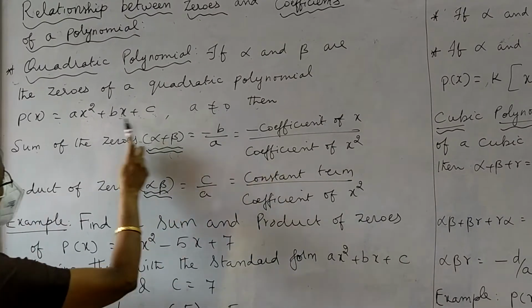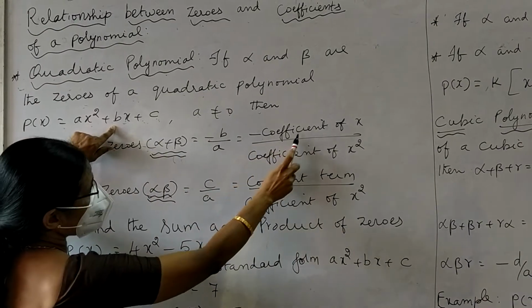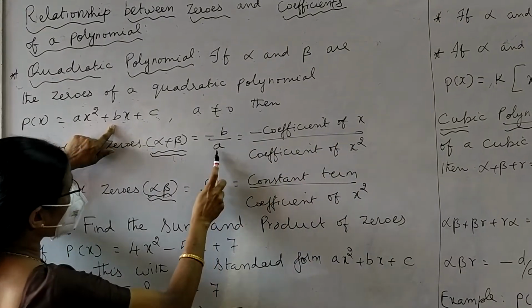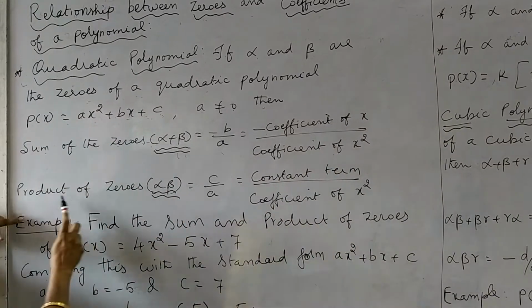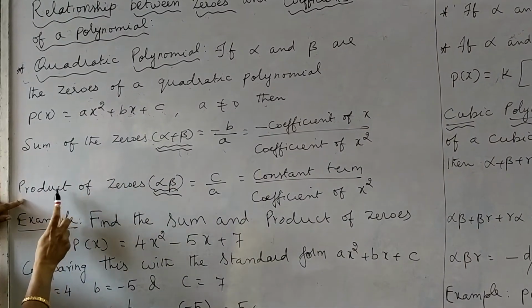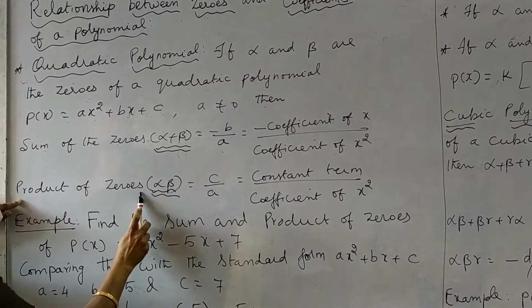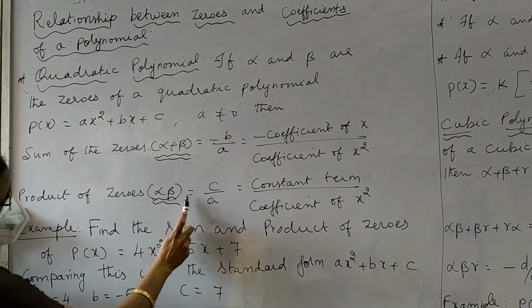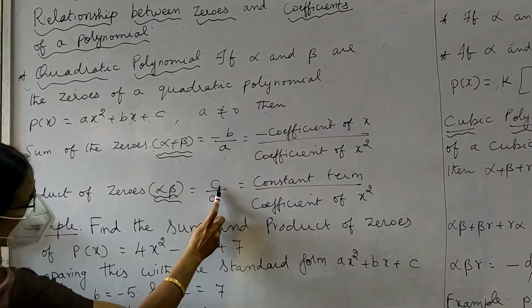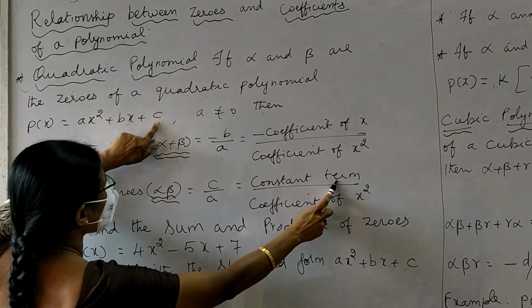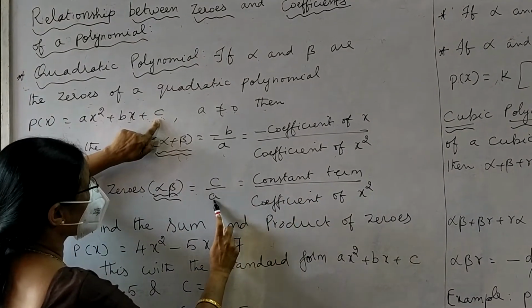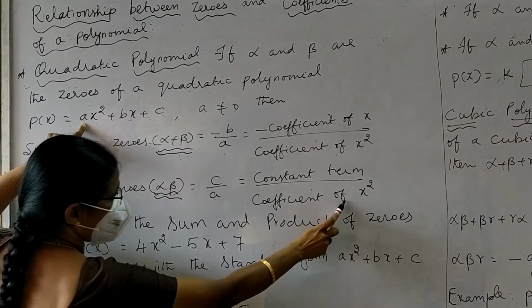That is, b is the coefficient of x upon a, the coefficient of x square. For the same polynomial, the product of zeros, that is alpha beta, is calculated using the result c upon a, where c is the constant term of the polynomial upon a, the coefficient of x square.